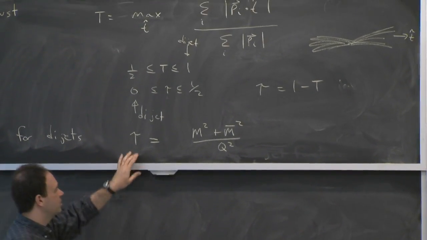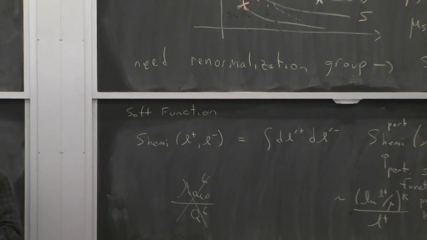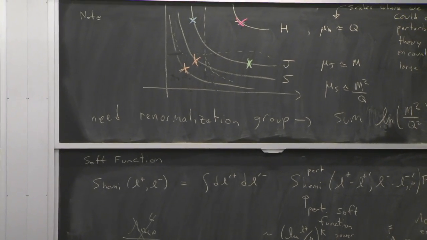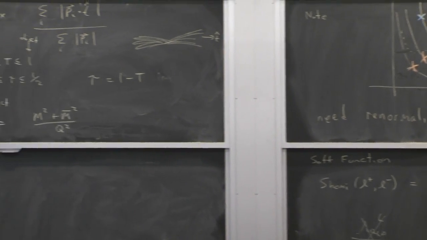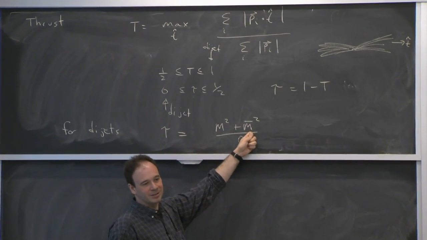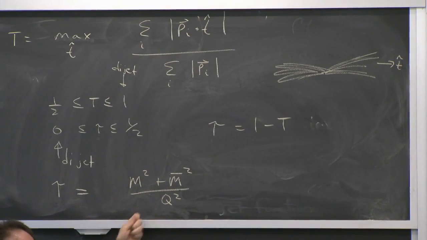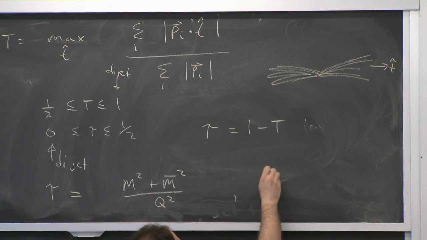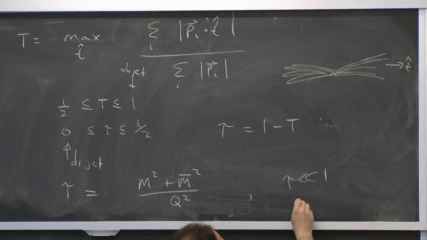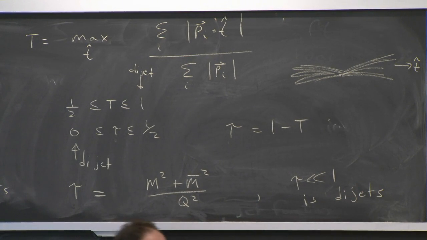So this is an observable that is simply a symmetric projection of our previous two-variable observable onto a one-variable observable. If we demand that tau is small, that's demanding both m squared and m bar squared are small, because they're positive quantities and we're just summing. So tau much less than 1 is also a way of getting dijets, just with one variable rather than two.